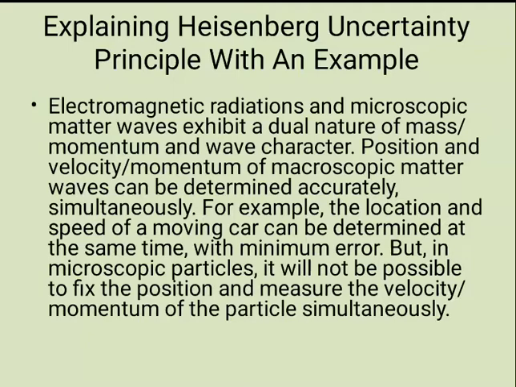For example, the location and speed of a moving car can be determined at the same time with minimum error. But in microscopic particles, it will not be possible to fix the position and measure the velocity or momentum of the particle simultaneously.